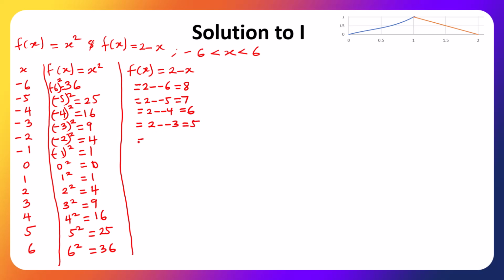For minus 2, we have 2 minus minus 2, it gives us 4. For minus 1, we have 2 minus minus 1, which gives us 3. For 0, we have 2 minus 0, which gives us 2.